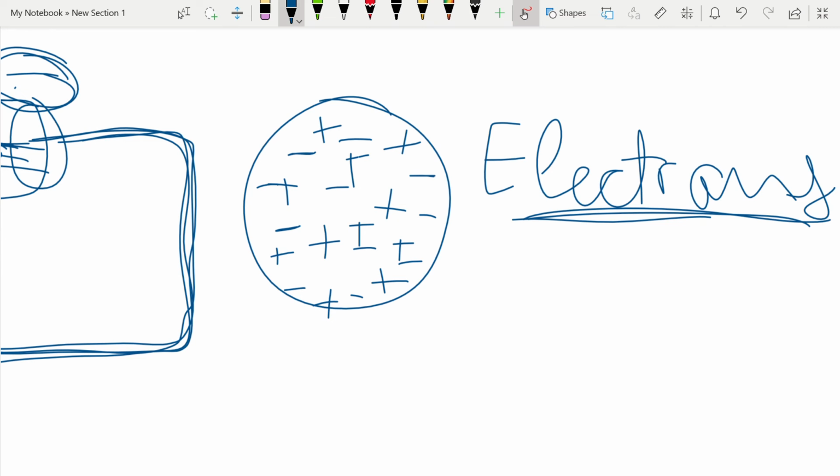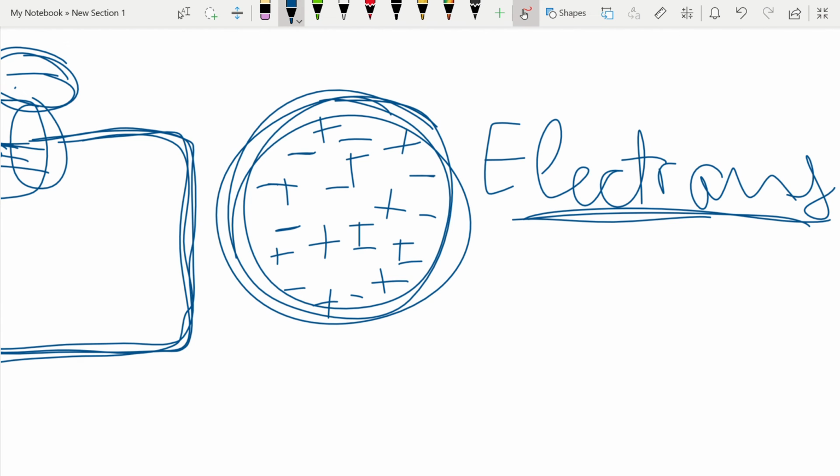That's how they thought the atom looked. But were they right? Who knows? You will know soon because I will keep uploading videos. What we have learned is that J.J. Thompson found electrons and made this model of an atom.